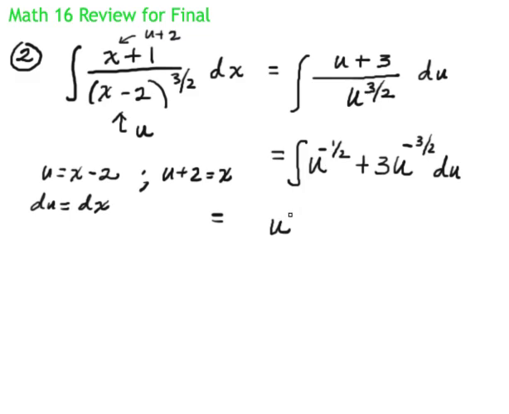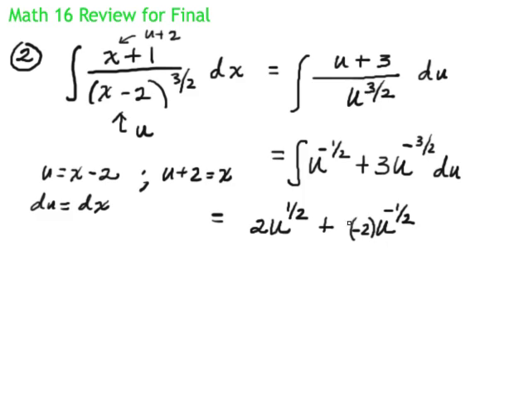Minus 1 half plus 2 halves is 1 half. Divide by 1 half or multiply by 2. And now we have u to the minus 3 halves plus 2 halves, so we have a minus 1 half here. Divide by minus 1 half or multiply by minus 2.